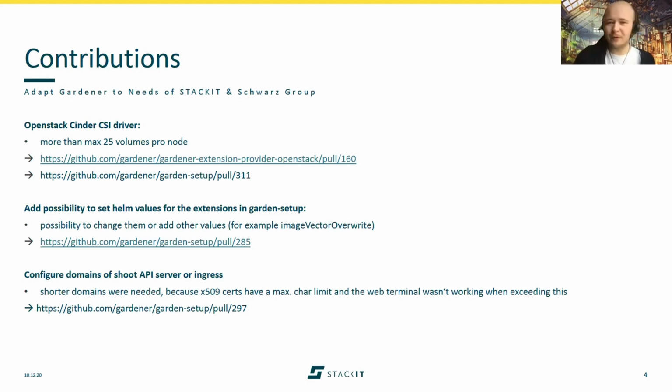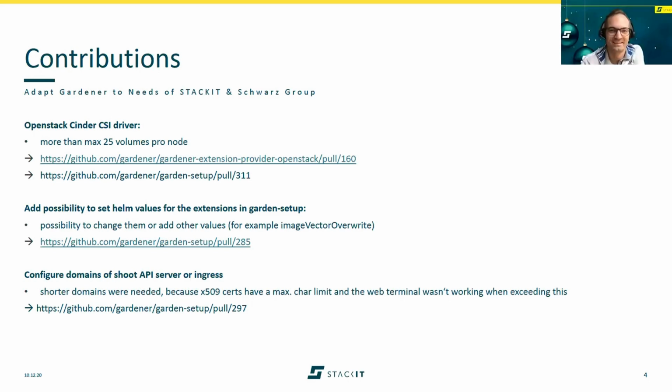And for STACKIT internally, we also changed the Gardener dashboard a little bit and used the STACKIT colors, to give our customers a better feeling of, okay, everything looks like Timo's background right now.